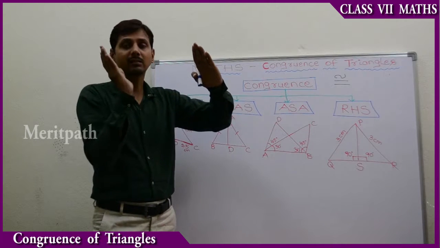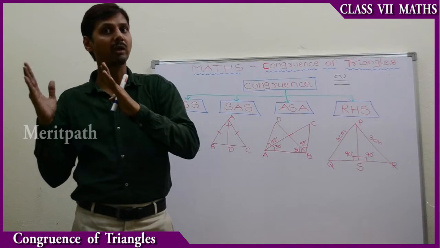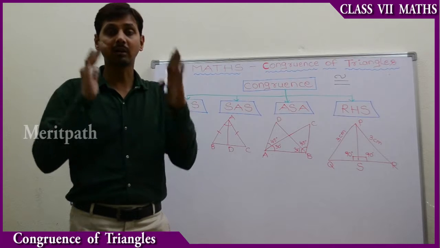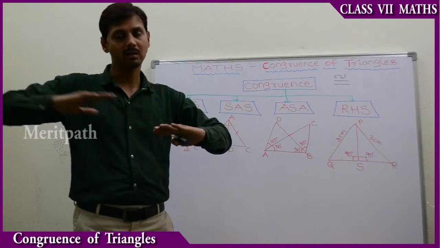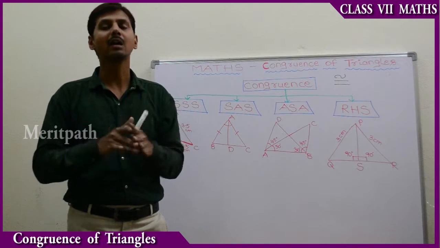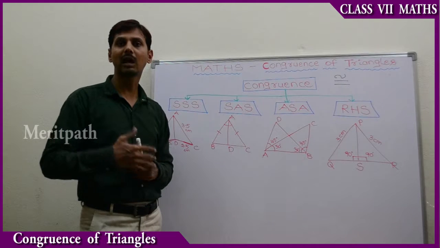The hypotenuse present in both triangles is equal, and if you take either the base or the opposite side, the base is equal to the base or the opposite side is equal to the opposite side. In this manner, we compare the triangles.